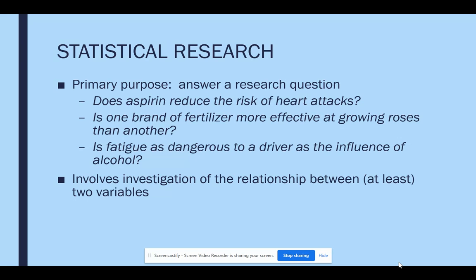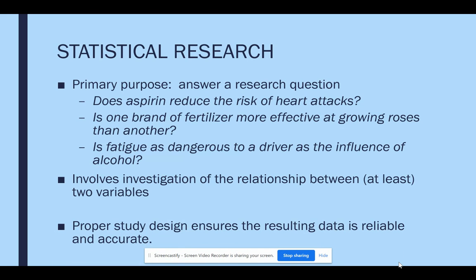Typically, statistical research, in the attempt to answer the question, we're looking at or investigating the relationship between at least two variables. Now, you can have 3 variables, 4 variables, 5 variables, or so forth, but you have to have at least 2.